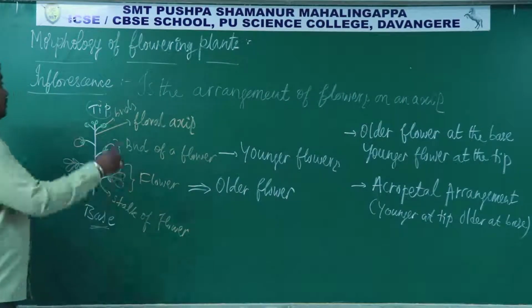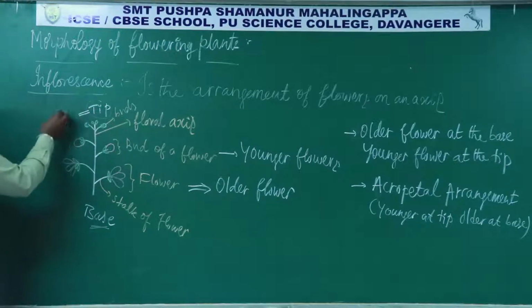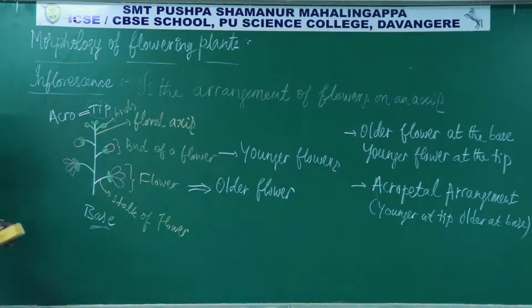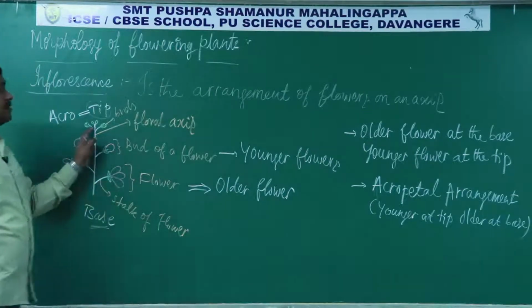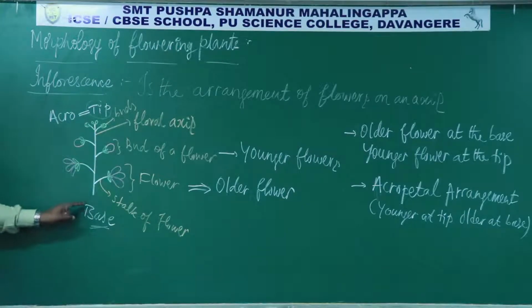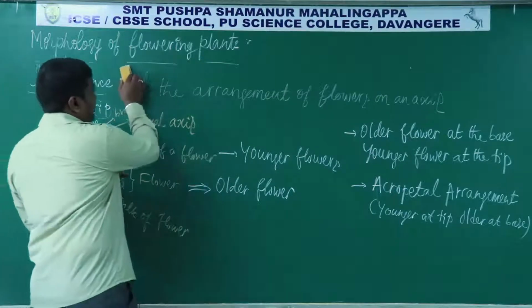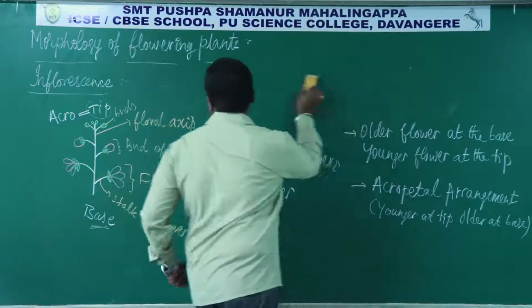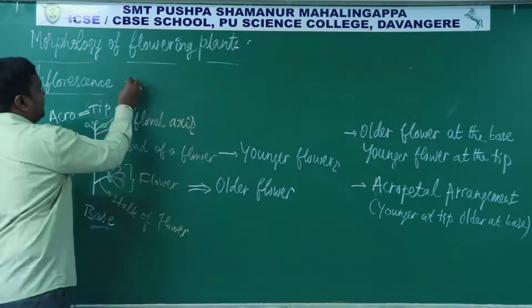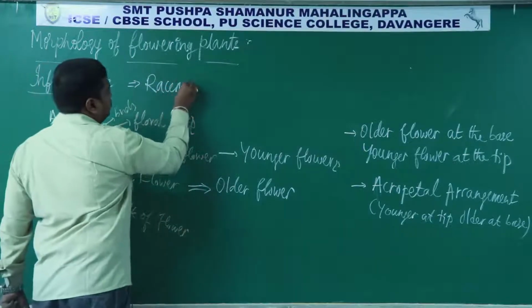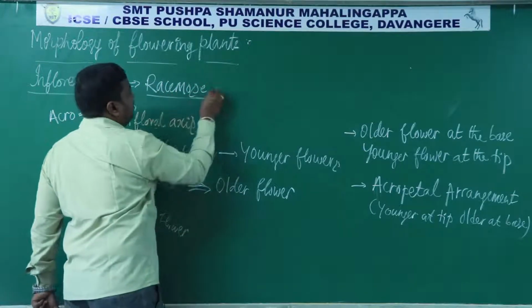It is called acro because another term for tip is acro. In acropetal arrangement, younger flowers are present at the tip, older flowers at the base. Such a type of arrangement is called racemose inflorescence. Whatever I explained right now is racemose inflorescence.